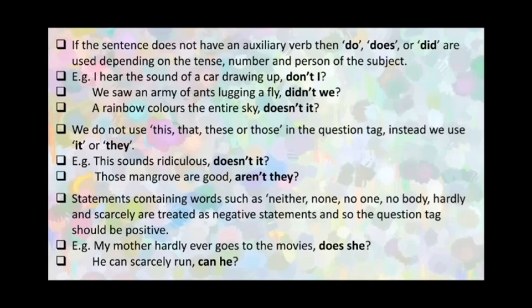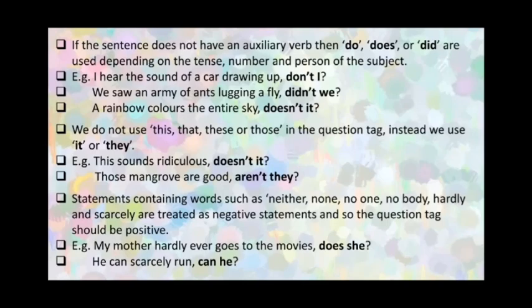Next, we do not use this, that, these, or those in the question tag. Instead, we use it or they. For example, this sounds ridiculous.